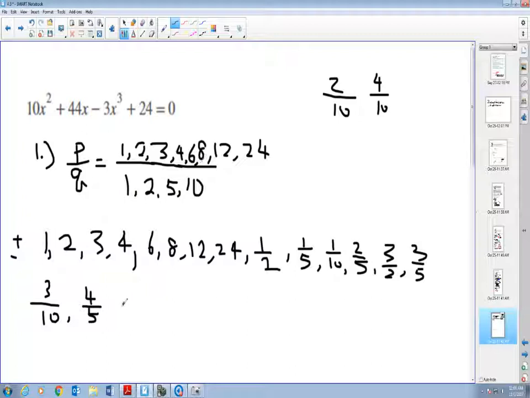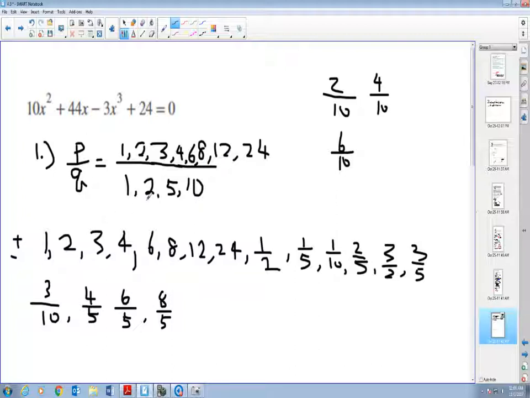Got it. 6 over 5 is 6 over 5. What's 6 over 10? Reduced by 2, that's 3 over 5, which I already got. Okay, 8 over 1, 8 over 2, 8 over 5. I don't have 8 over 5 yet. 8 over 10. What's 8 over 10? Reduced, 4 over 5. Already got it.